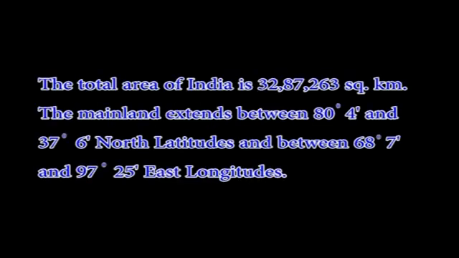Natural tourism resources in India. The total area of India is 32,87,263 square kilometers. The mainland extends between 8°4' and 37°6' north latitudes and between 68°7' and 97°25' east longitudes.